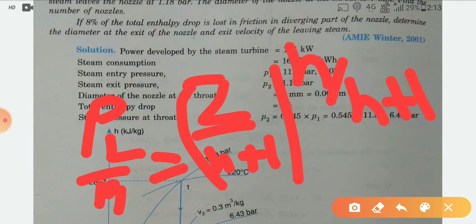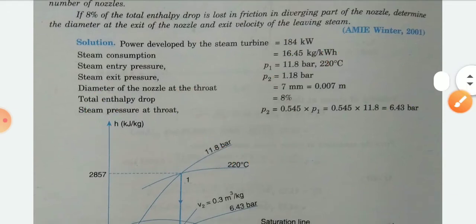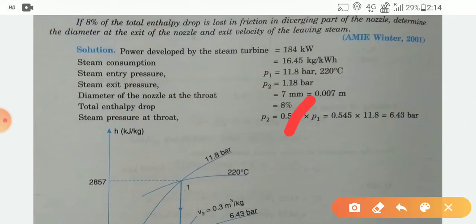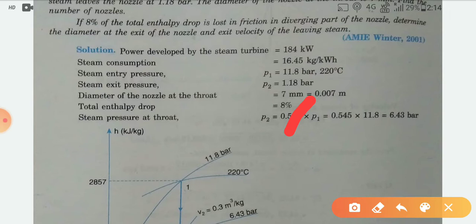And here n is a polytropic index. This value 1.3 is not given in the problem, then you can take it yourself as 1.3. Using this you can find 0.545. So finally the value of P2 is 6.43 bar.